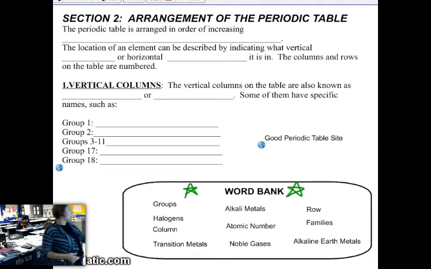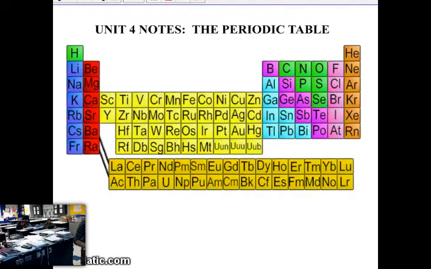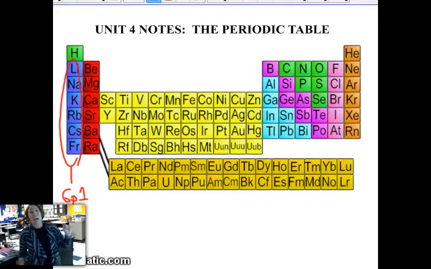If we go back to that first page, everybody in group 1, the blue guys, not hydrogen. Hydrogen's there, but it's not part of that family. But everybody in group 1 has a name, and those are called the alkali metals.